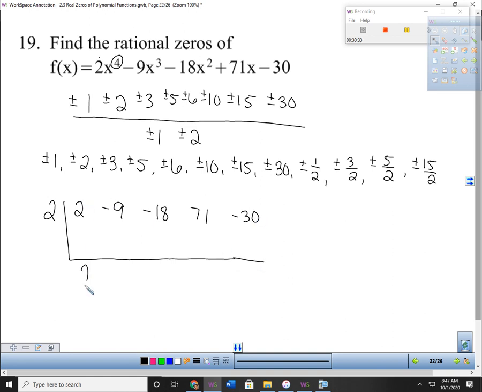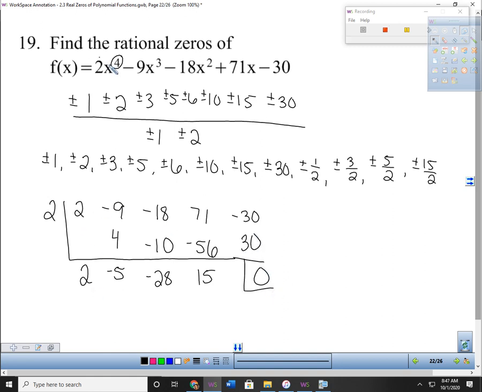So we'll drop the 2. 2 times 2 is 4, plus negative 9 is negative 5, times 2 is negative 10, plus a negative 18 is negative 28, times 2 is negative 56, negative 56 plus 71 is 15, and 15 times 2 is 30. So that one worked out.